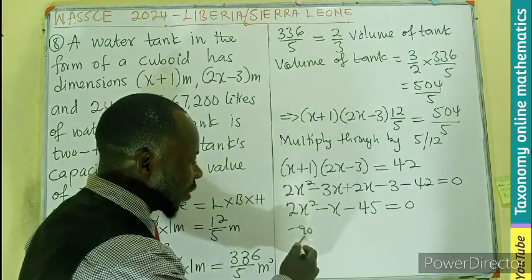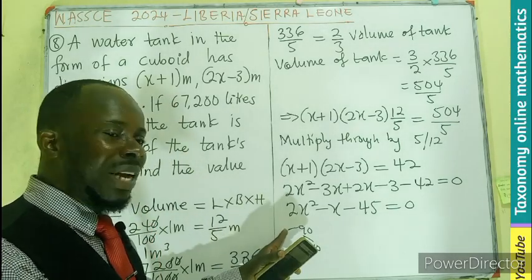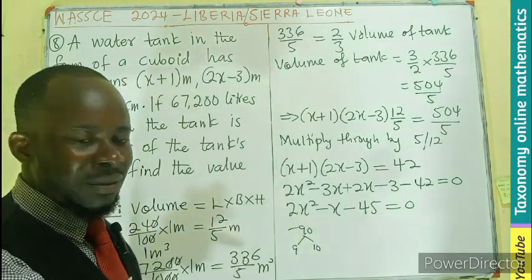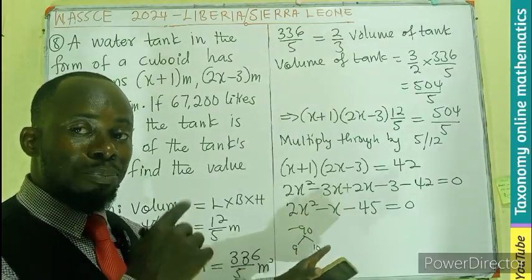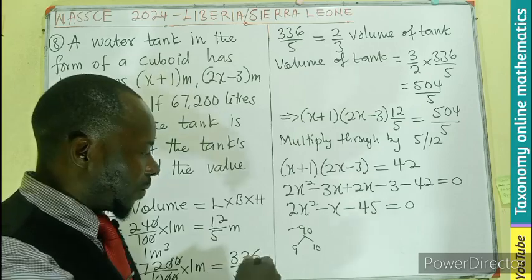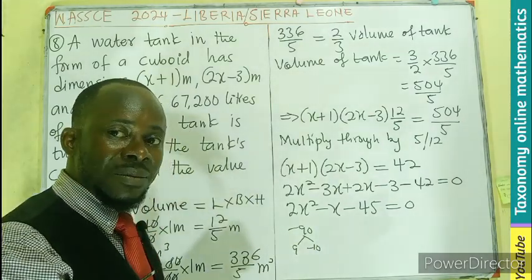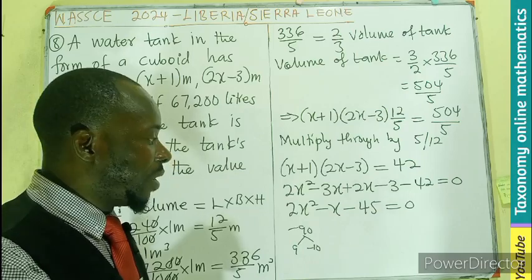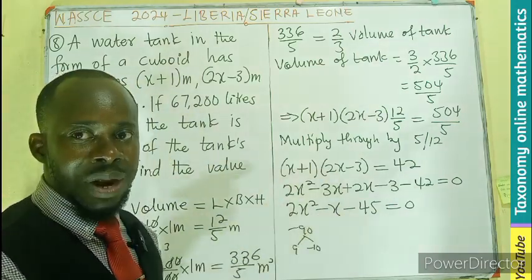So you can see the obvious factors will be 9 and 10. Since we are having negative, one of them will be negative, but the number we are looking for here is negative. So the biggest of the factors will be carrying a negative, so that 9 times negative 10 will be giving you negative 90. The sum of that will give you negative 1.